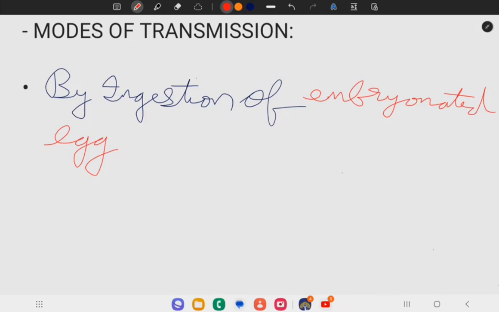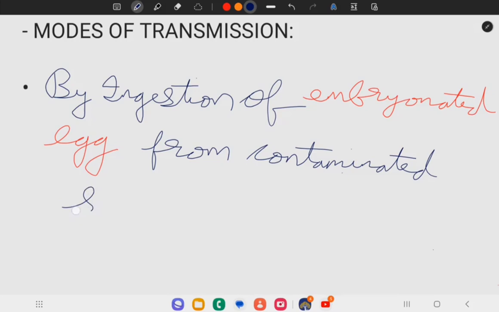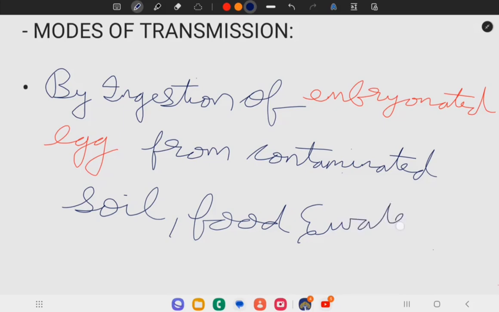Ascaris lumbricoides involves only one host, that is man.